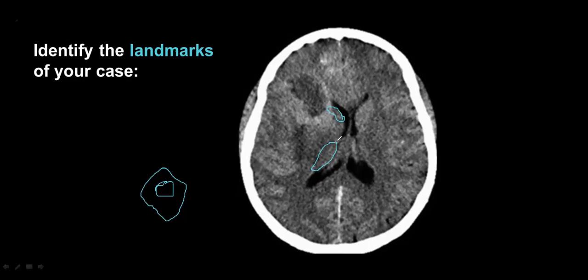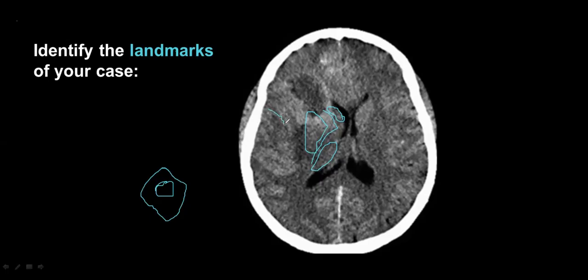This is thalamus. And what is this? Anterior horn of the internal capsule. So what is this? Lentiform nucleus, sir.